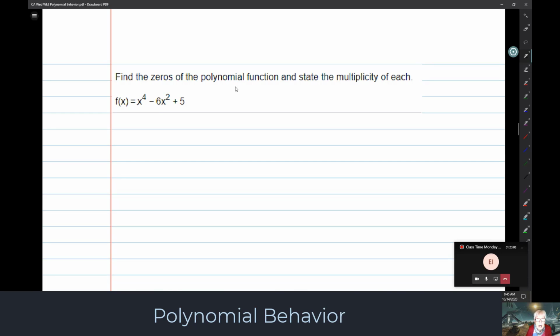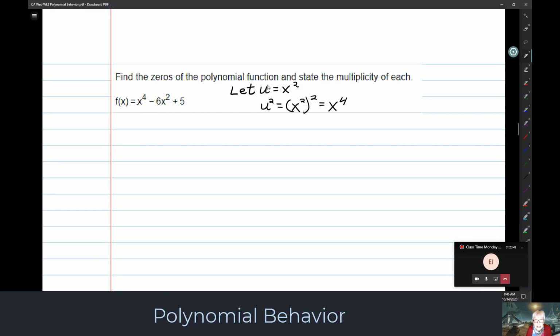Let's do that. I'm going to let U equal x squared. U squared is going to equal x squared squared, which is x to the 4th. When you have a base raised to a power and raised to a power again, you multiply the 2 powers.